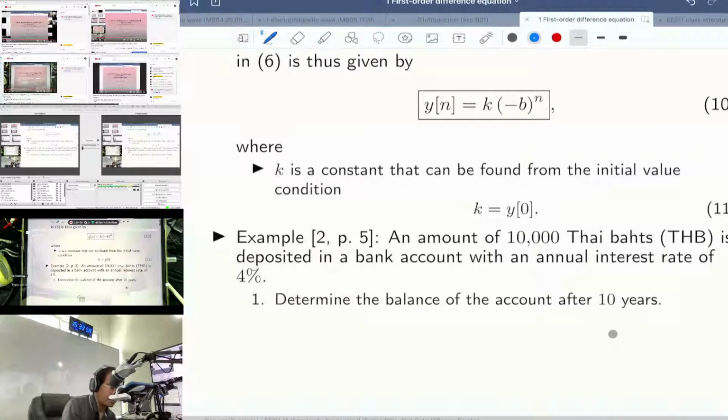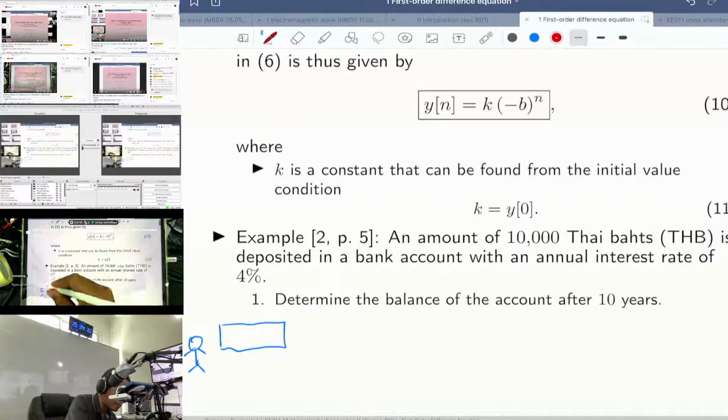Okay, you are the person right here, and you have the money in your hand, 10,000 baht. Okay, you have the money at hand, and then you go to the bank.